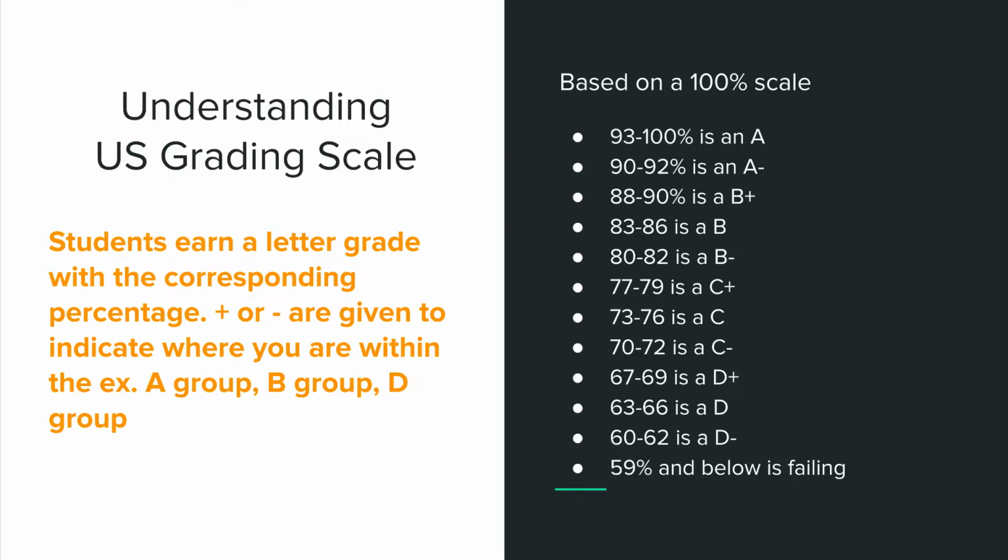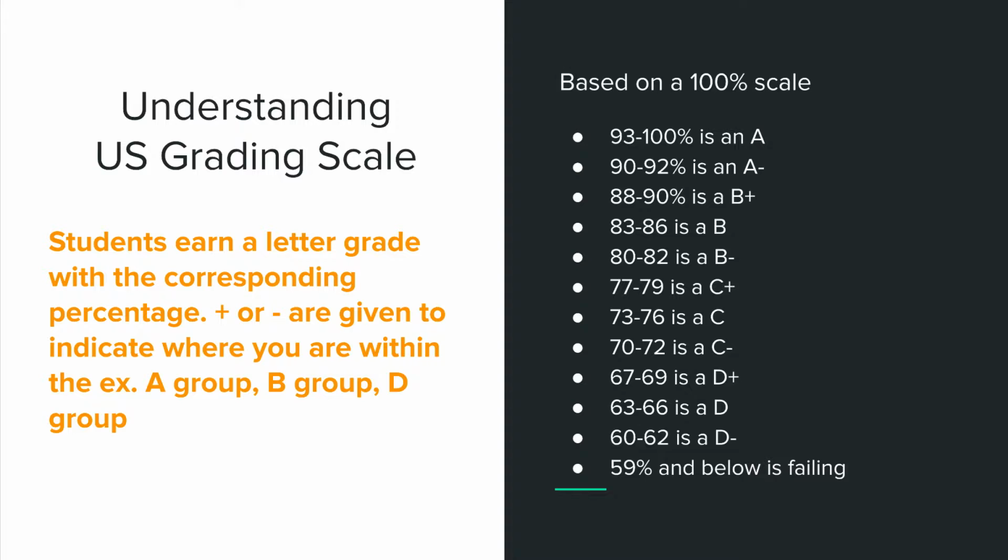Understanding the U.S. grading scale is important for students who want to have a transcript and submit that to a university. Students earn a letter grade with the corresponding percentage. Pluses or minuses are given to indicate where you are within that particular group. So for example, a student who gets a 91% is assigned an A minus.